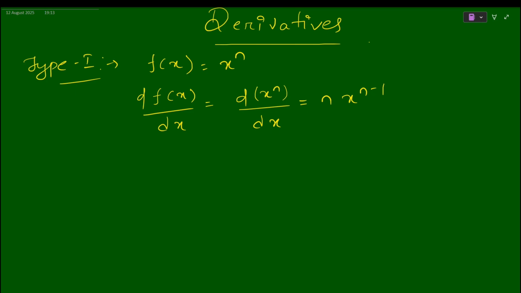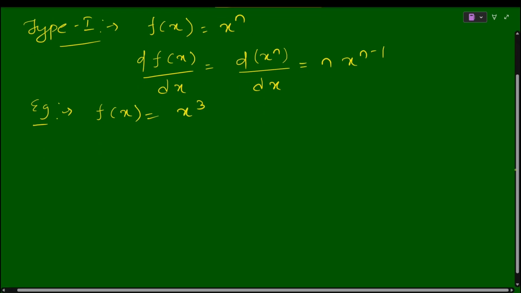All you have to do is check what is the form of this x to the power n. If you can find the value of n, then you can find the derivative by simply using the value of n. For example, if I take the function f of x as x cube, what is the value of n here?